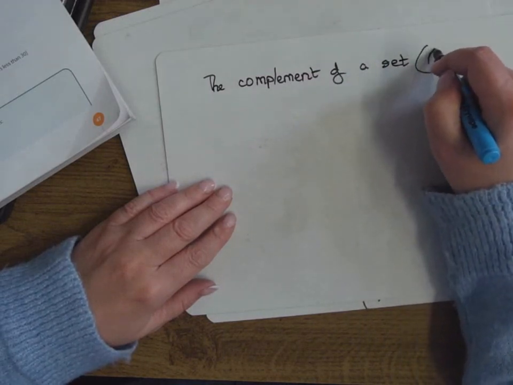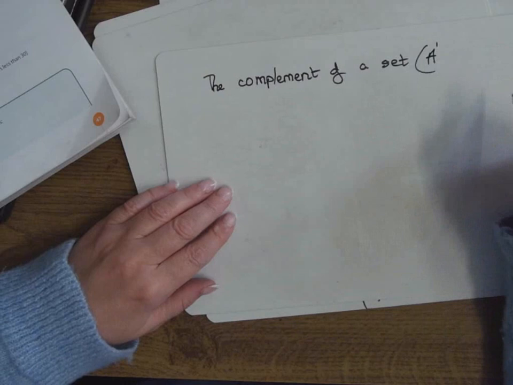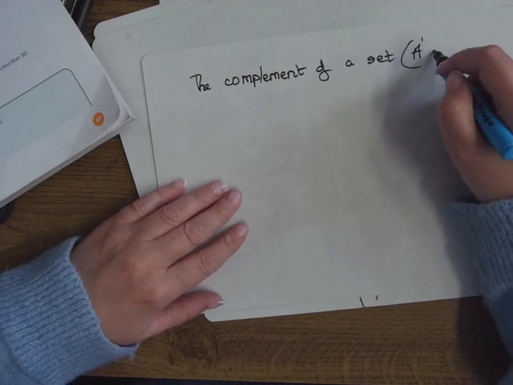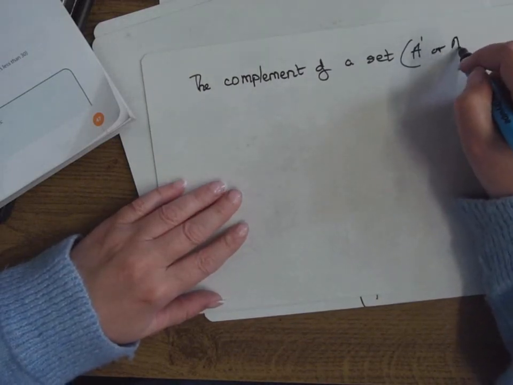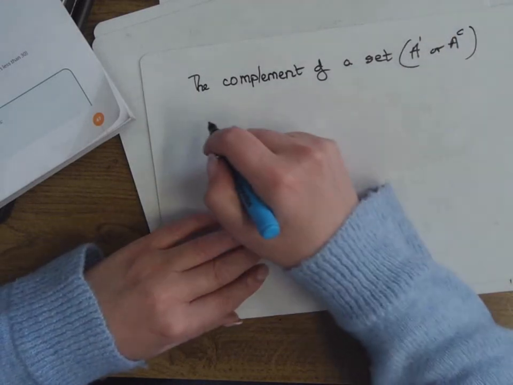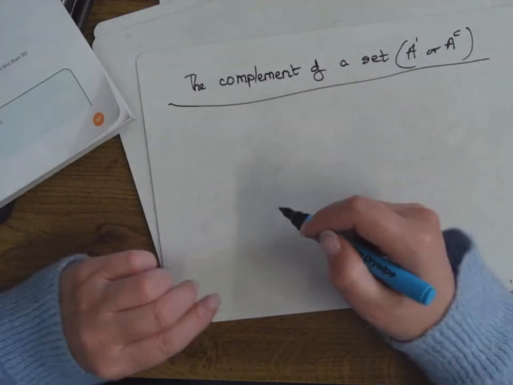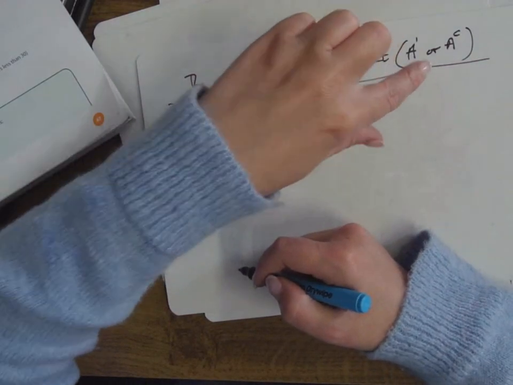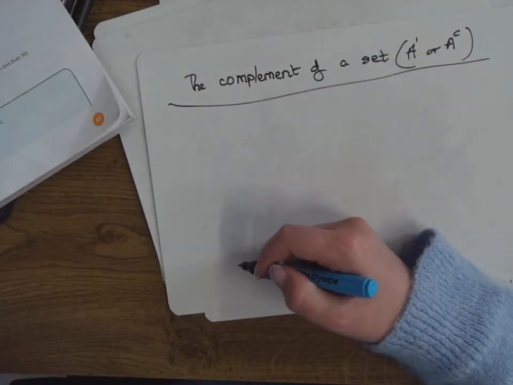And it's A with a little dash up at the top, or A with a little C up at the top. So the C stands for complement and the dash is the complement as well. Okay, so both symbols: A dash or A^C.